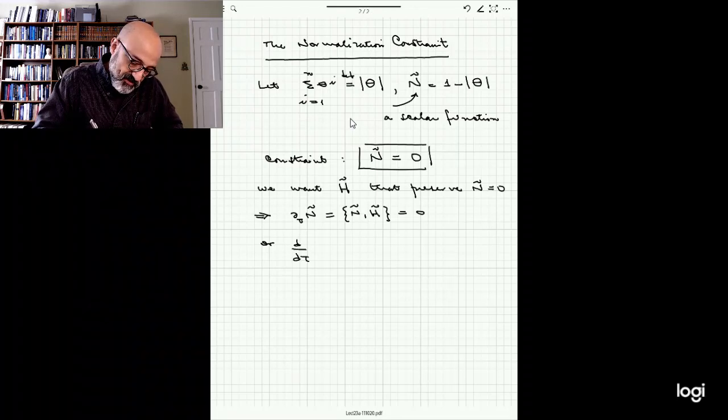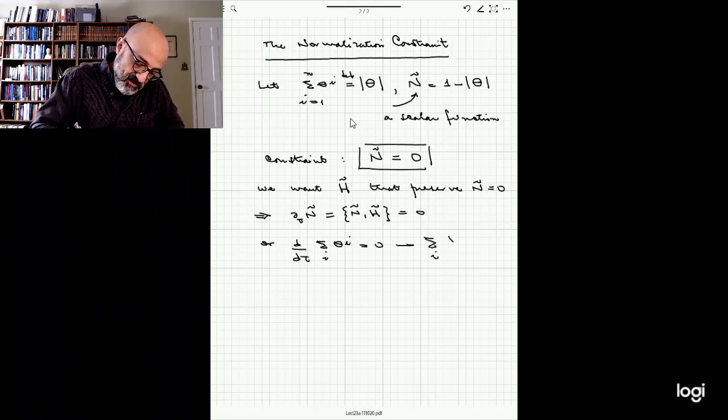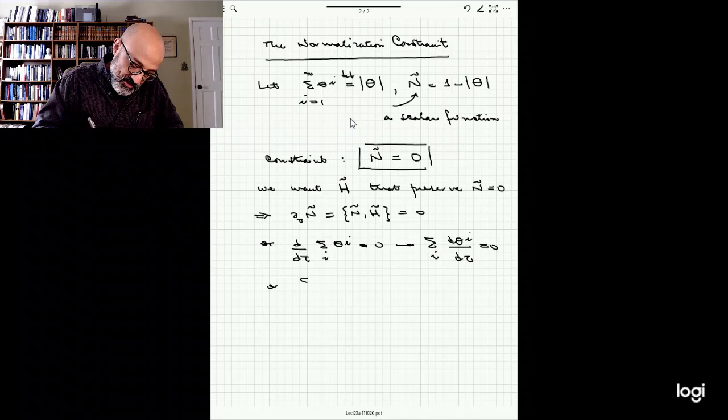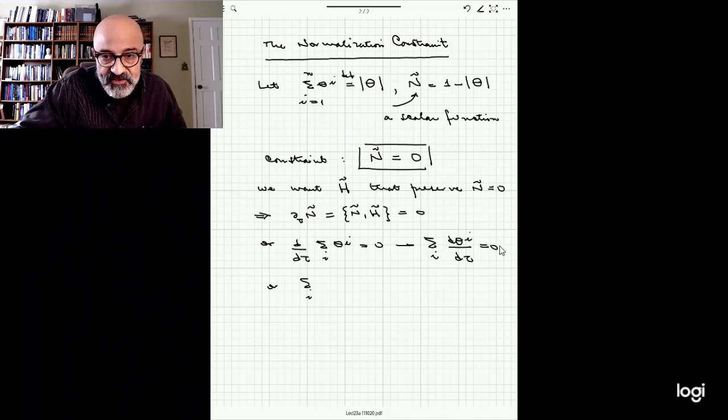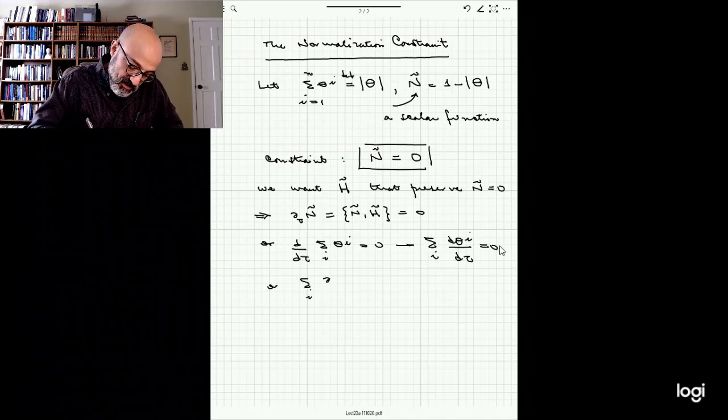We can just rewrite this as the sum of the d theta_i/d tau equal to 0, or if we use Hamilton's equations, the sum of dh/d pi_i equal to 0.